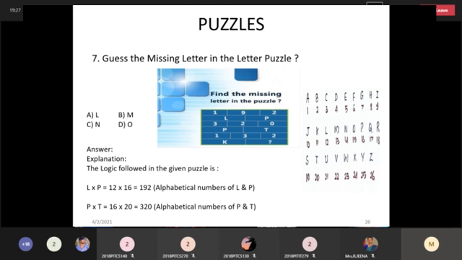That is the letter K. So what is the K value here? K value will be 11 and then M value will be 13. So 11 into 13, 132 will be here. Okay. So option B, M is the right answer.